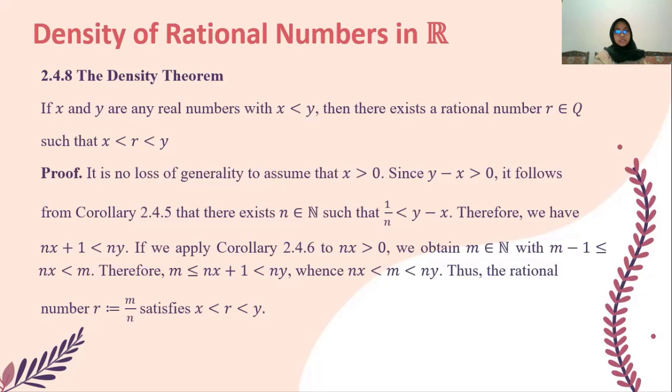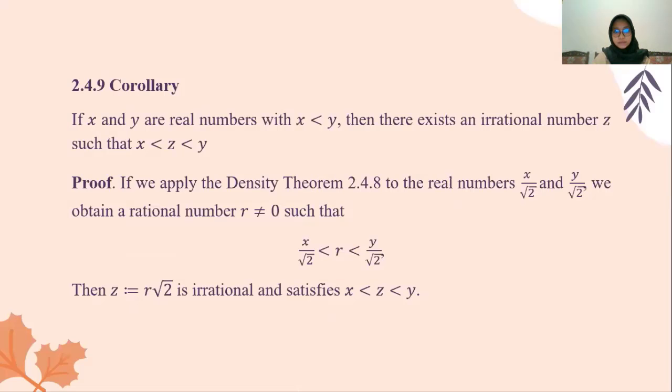Therefore, m ≤ nx + 1 < ny. Whence nx < m < ny. Thus, the rational number r defined by m/n satisfies x < r < y.